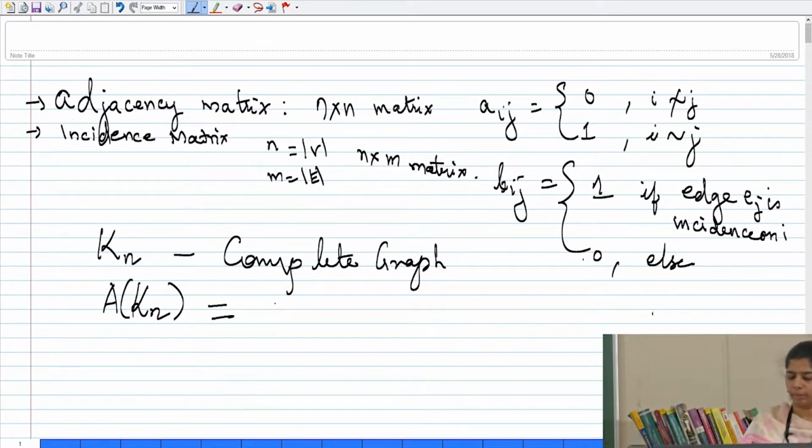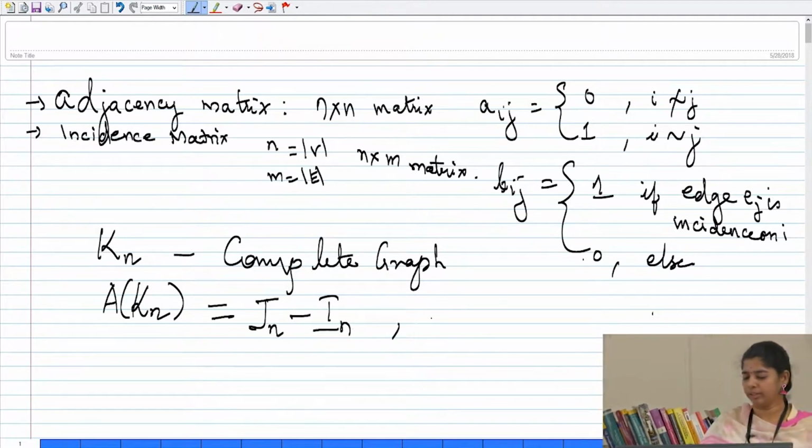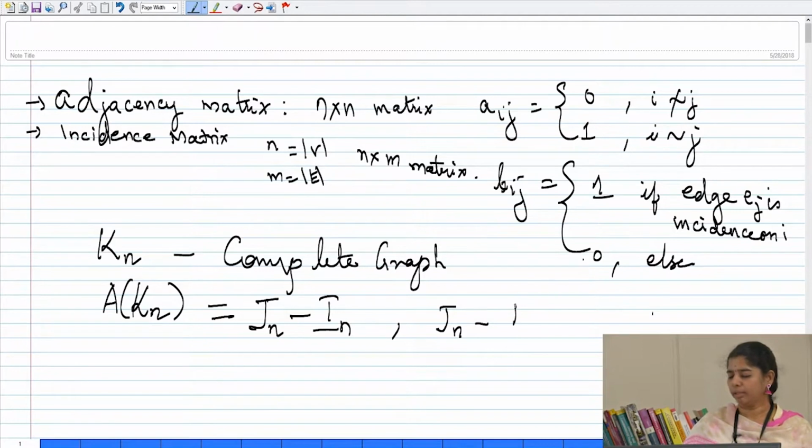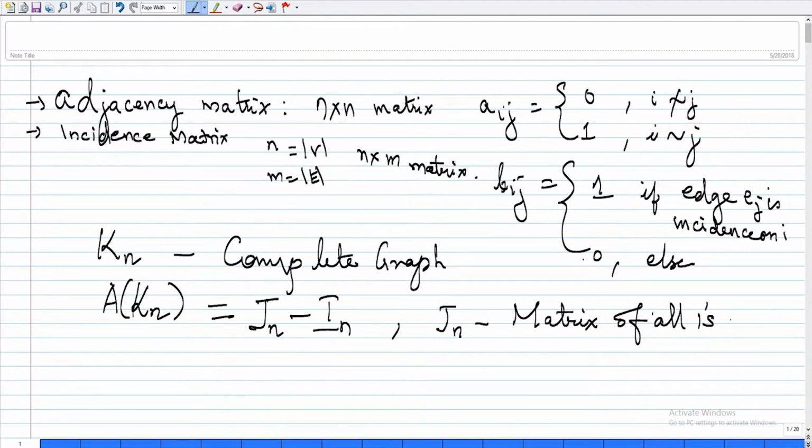So this is also represented as Jn minus In, where Jn is nothing but the matrix of all ones of order n by n. And In, you know, is the identity matrix.